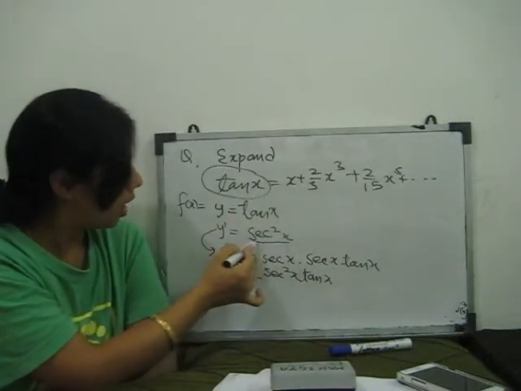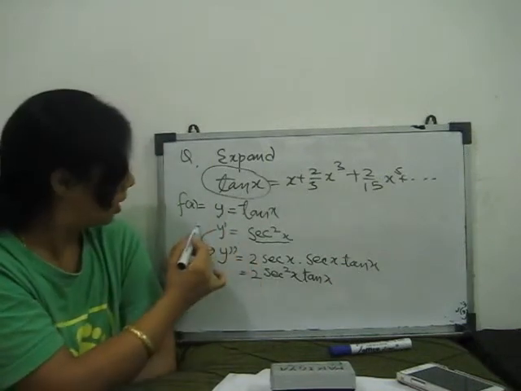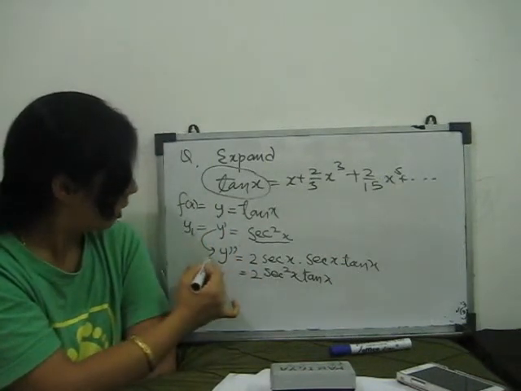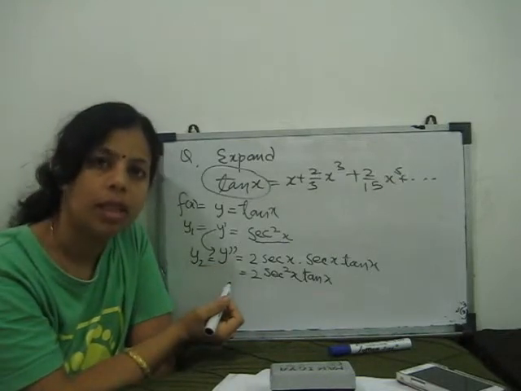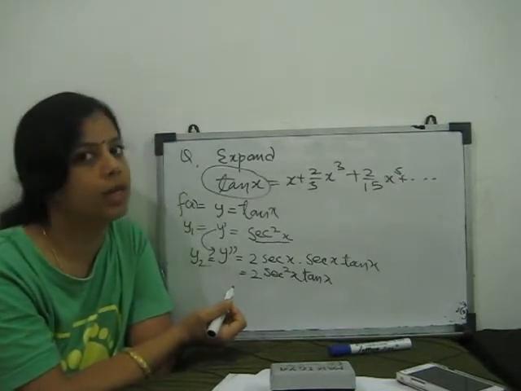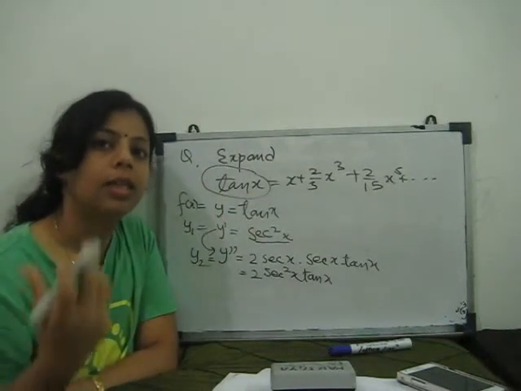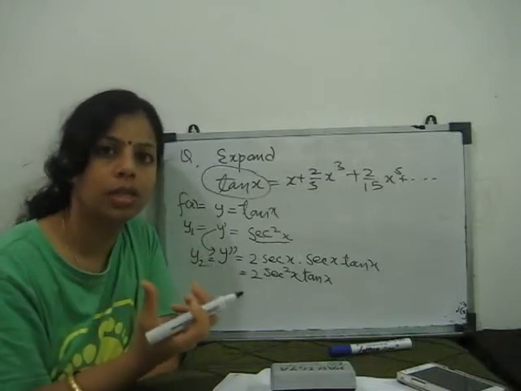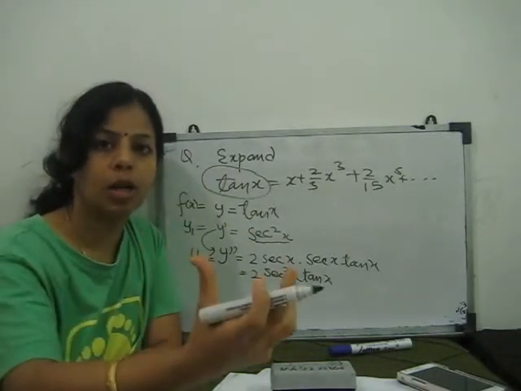Now sec square x is y dash, you can say y1, this is y2. If we write the notation properly, then we can substitute very easily. So if you put y1, y2, y3, that is more convenient. You should understand also y1 is first order derivative, y2 is second order derivative.